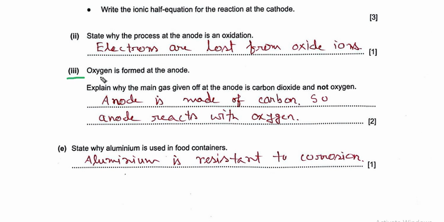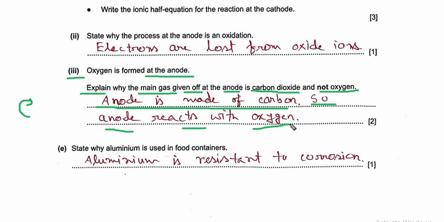Number 3, oxygen is formed at the anode. Explain why the main gas given off at the anode is carbon dioxide and not oxygen. The anode is made of carbon, so carbon reacts with oxygen and carbon dioxide is produced.